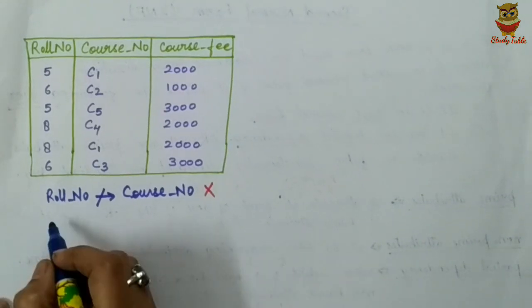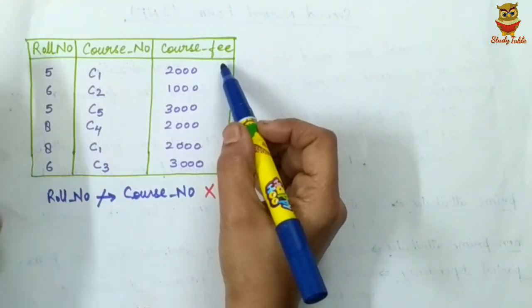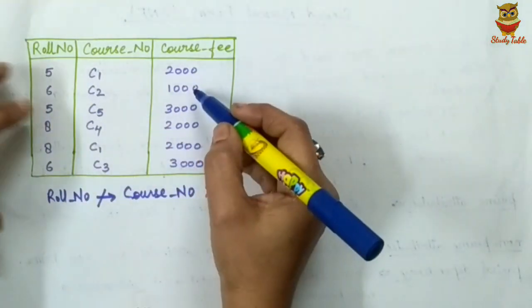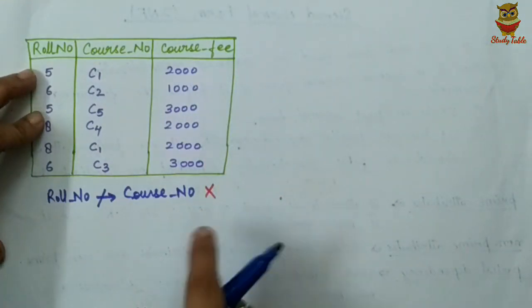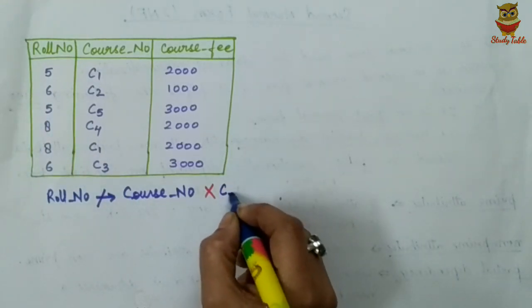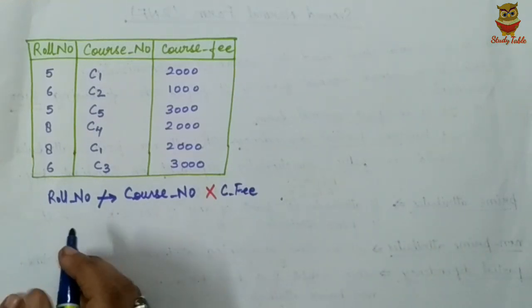Next, does roll number uniquely identify course fee? Let's check. If I ask what is the course fee for roll number 5, I am getting two different values, 2000 and 3000. So it is also not identifying uniquely. So this FD does not work.